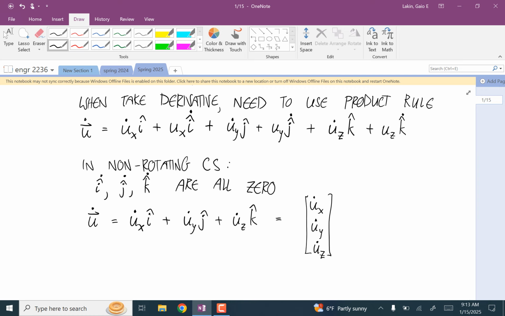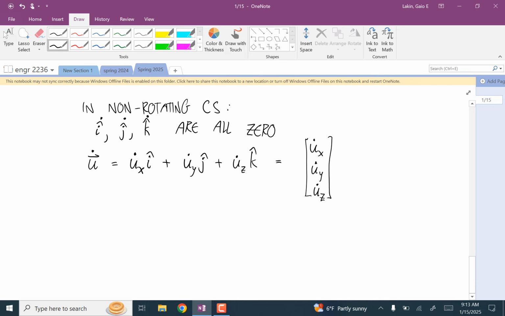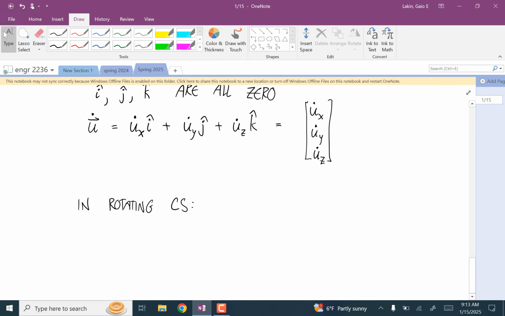What about in a rotating coordinate system? Well, in a rotating coordinate system, those unit vectors i, j, and k are changing in time, okay? So i dot, j dot, and k dot are not equal to 0.